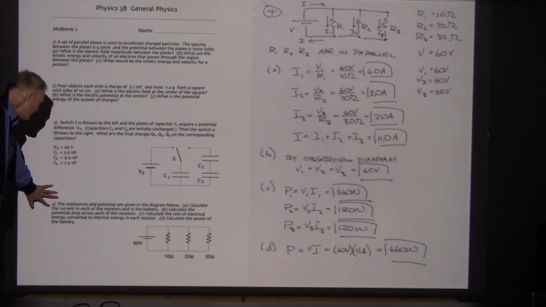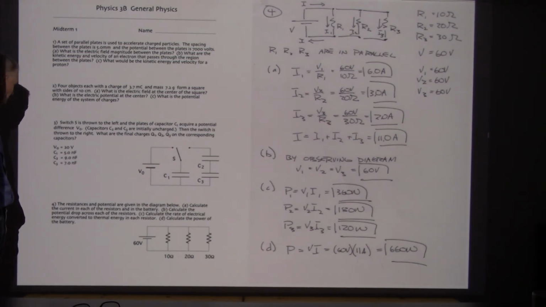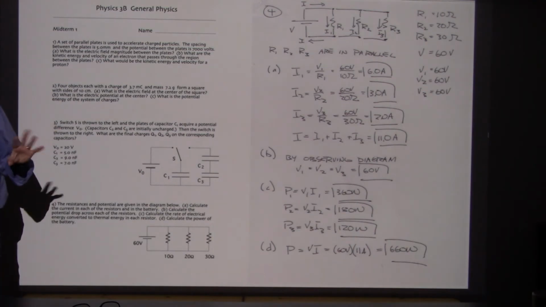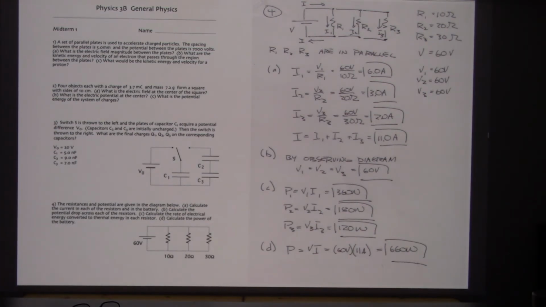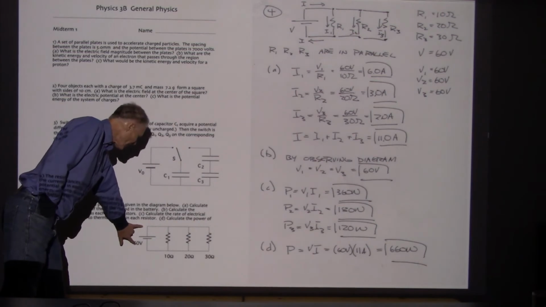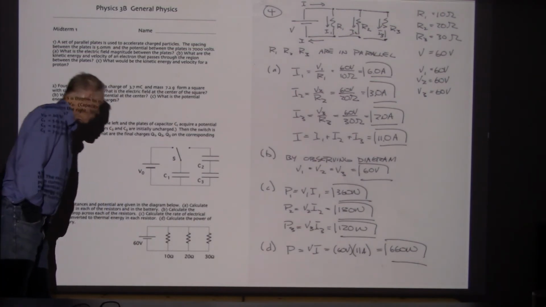All right, so this is looking at electric voltage. Potential is electric voltage, right? So don't get thrown off by that. Electric potential and electric voltage is the same thing. So the battery has a voltage of 60 volts, or it provides an electric potential of 60 volts.